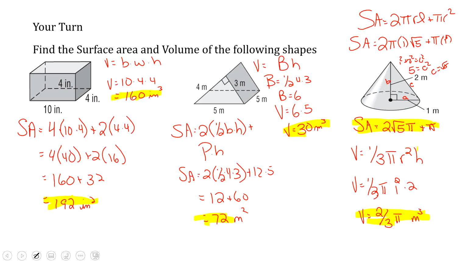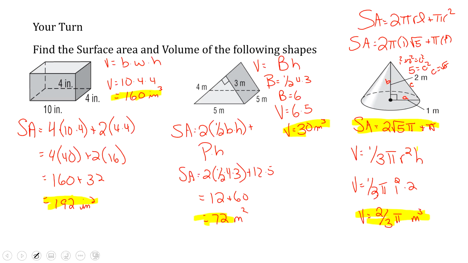So the surface area is 2 times pi times 1 times the square root of 5 plus the area of the base, which is just pi. So the surface area actually works out to be 2 square roots of 5 pi plus pi. I said that was a terrible question.